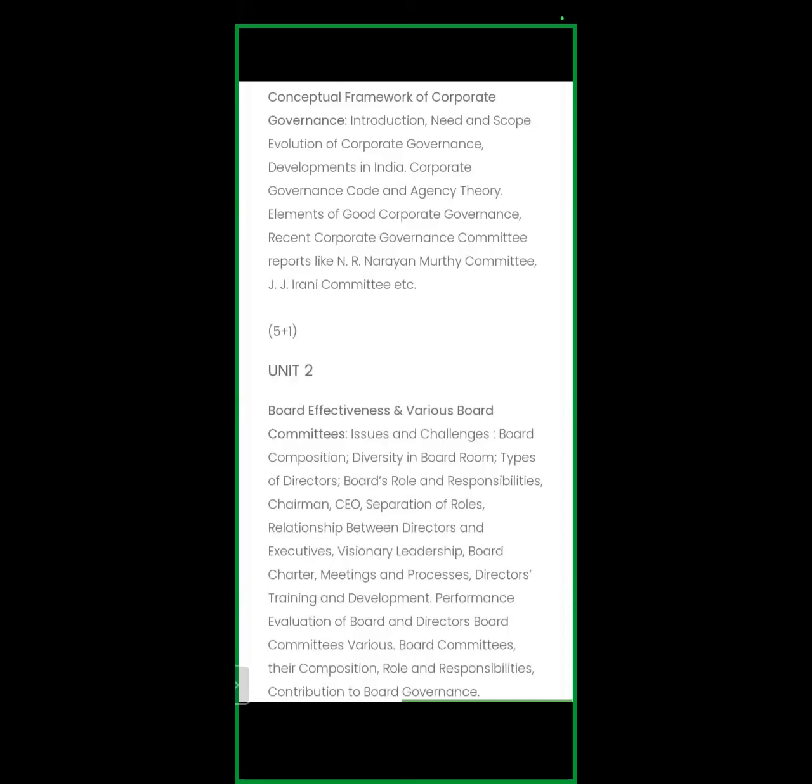Before that, we all are aware that the rules and regulations for doing business were very strict in the country, and foreign investment was discouraged because of these strict rules and regulations.